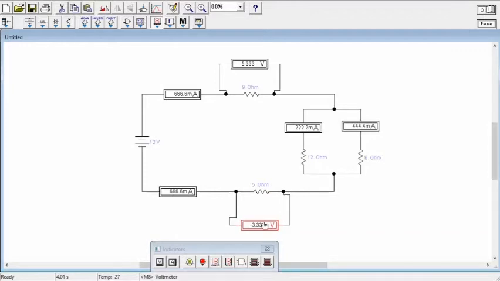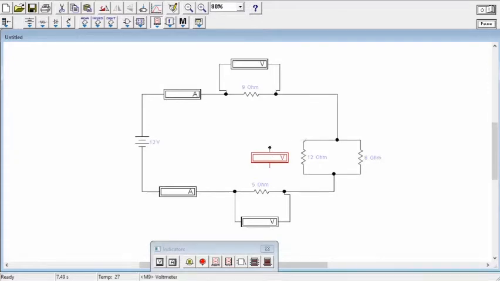Reversed. Okay. So, here is the voltage across 12 ohm and 6 ohm.